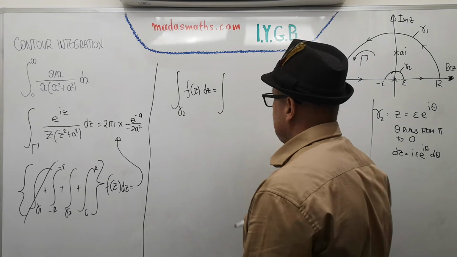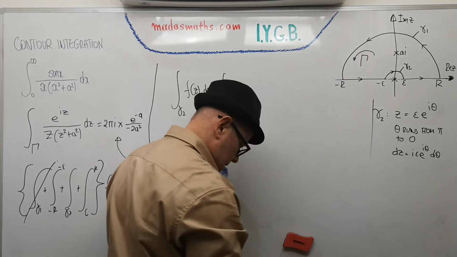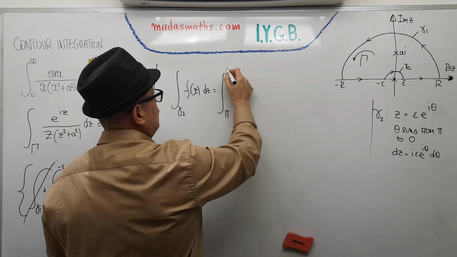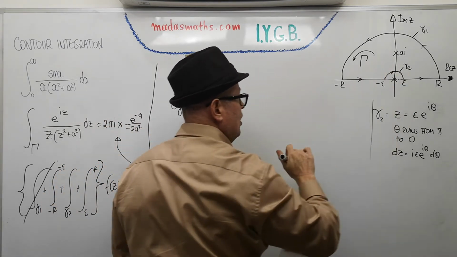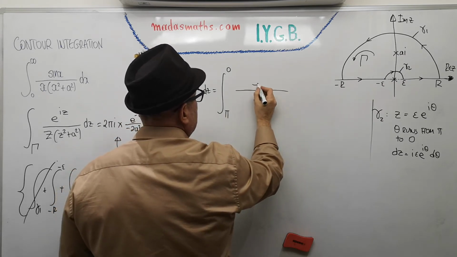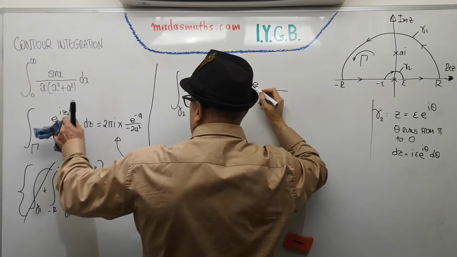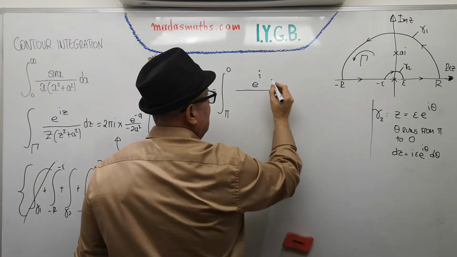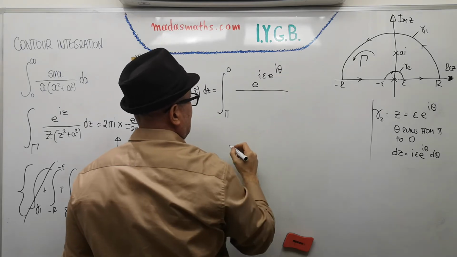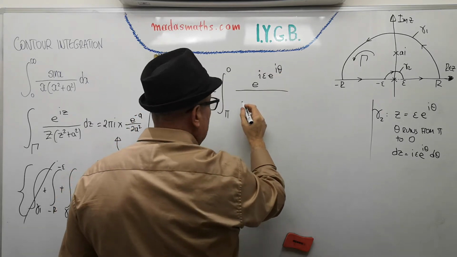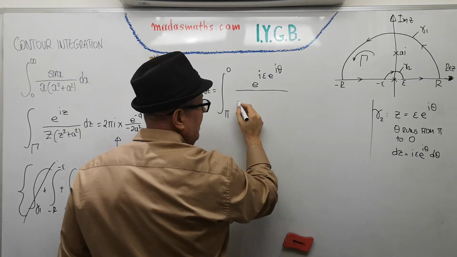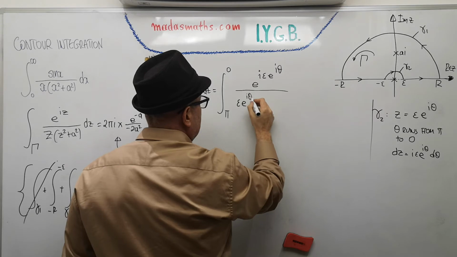So limits, first of all, let's move out of the way and drag this cable along with me. The limits go from pi to 0, because of course we're running clockwise, we just mentioned that, and we're going to have e to the iz. My z is epsilon e to the i theta. My denominator, I'm going to have a lone z here, so that's going to be epsilon e to the i theta.